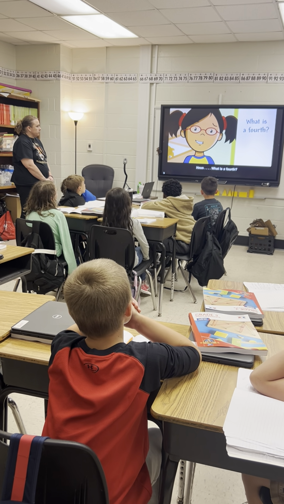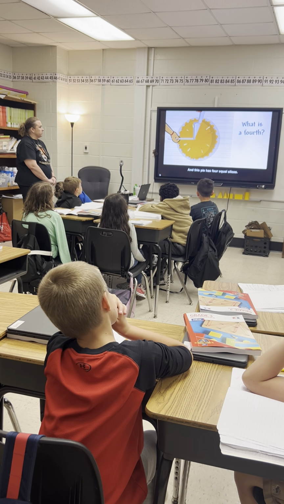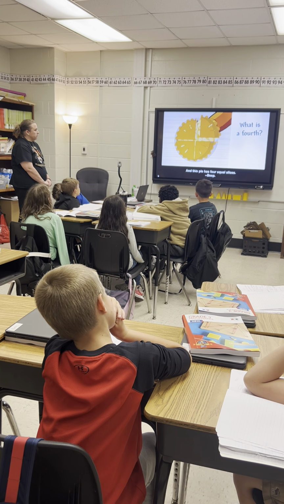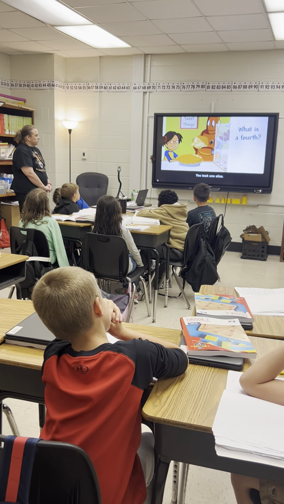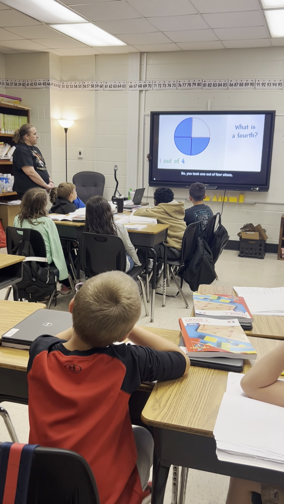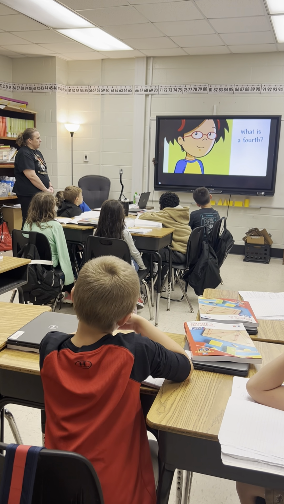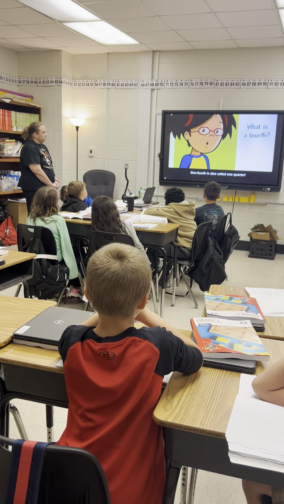What is a 4th? I love apple pie, and this pie has 4 equal slices. You took 1 slice. So you took 1 out of 4 slices, or 1/4 of the slices. 1/4 is also called 1/4.